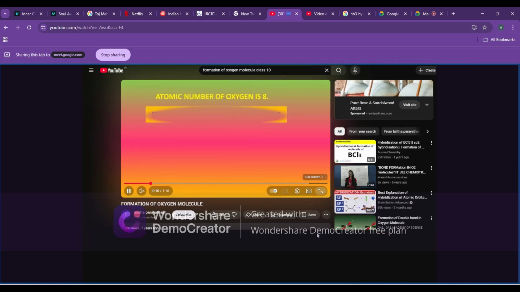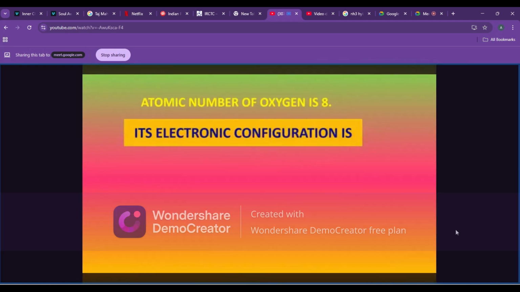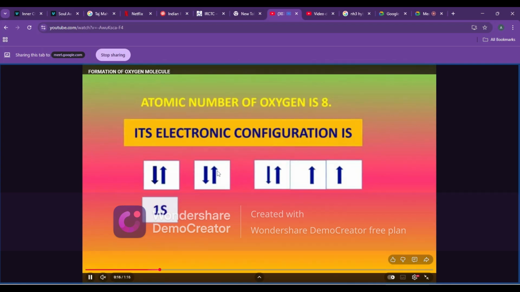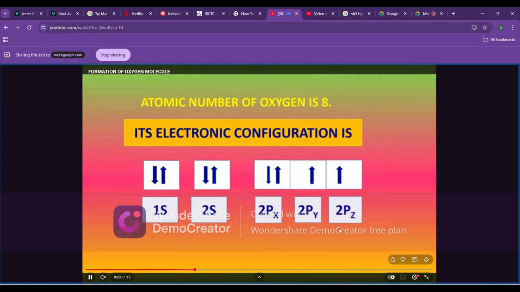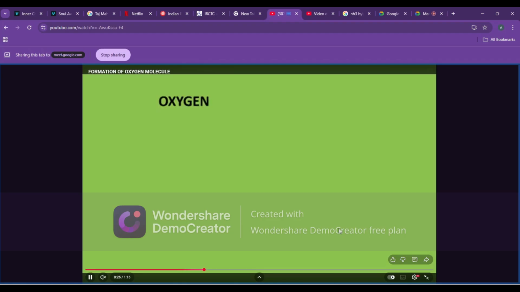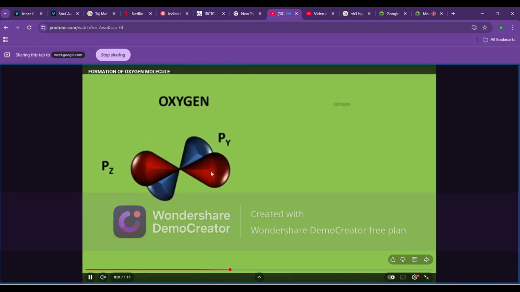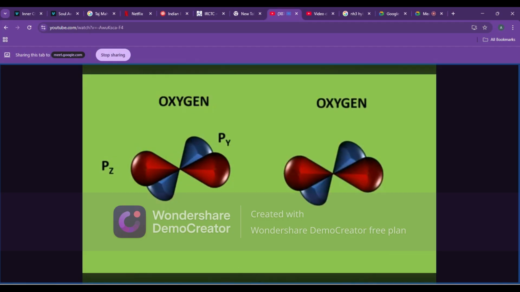The atomic number of oxygen is 8. So 1s2, 2s2, 2p4: 2px has 2, 2py has 1, and 2pz also has 1. If you take its molecular diagram, it is like this.